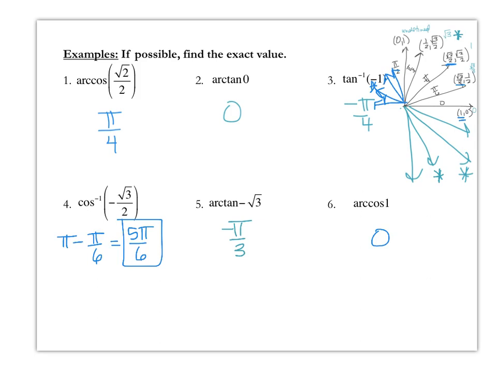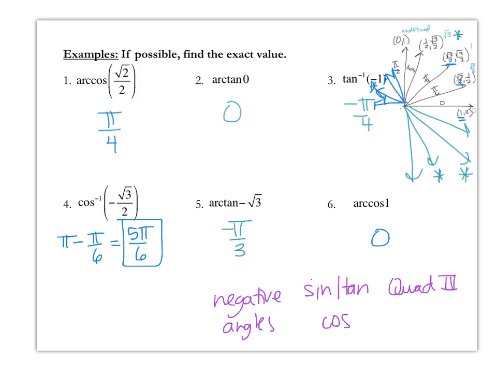But if it's negative, I'll write this down: for negative angles, for sine and tangent, you're looking at quadrant 4 and giving the negative answer that would have the negative angle in quadrant 4. For cosine, you need to look at quadrant 2 and you have to be giving me an answer that would occur in quadrant 2. Okay?